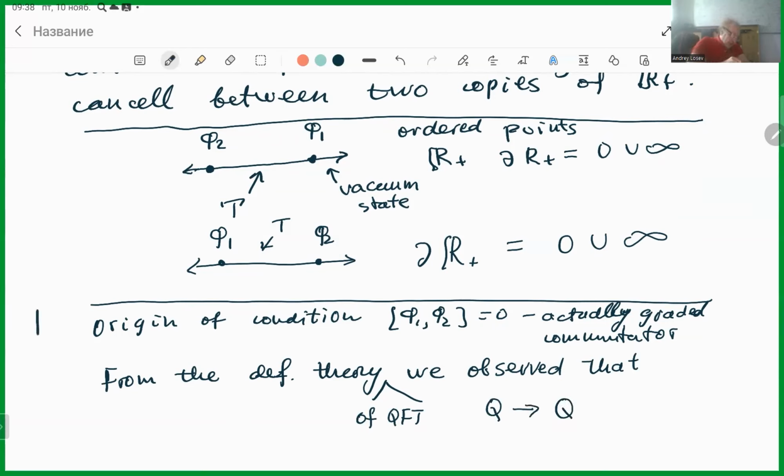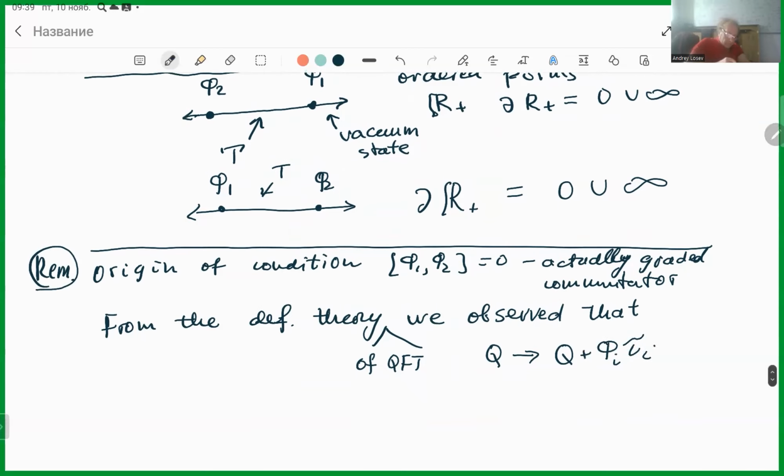So it is a remark. The condition phi i, phi j equal to 0 corresponds to Q deformed squares to 0.